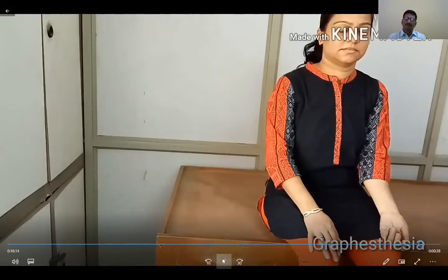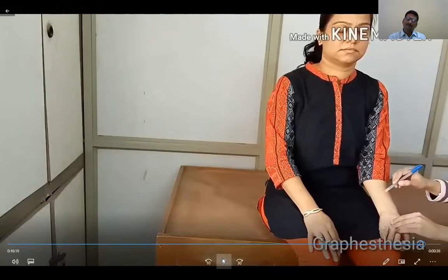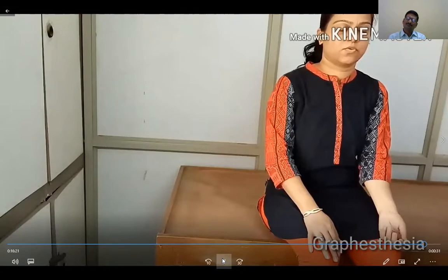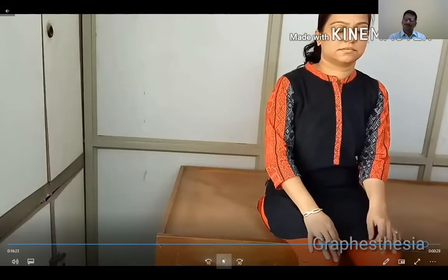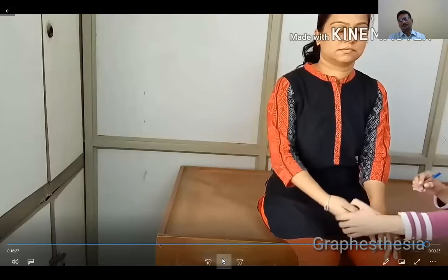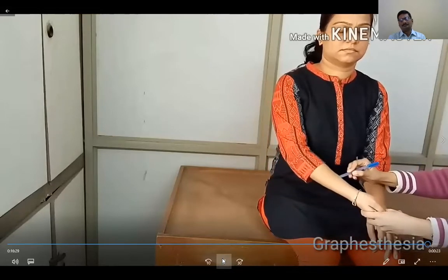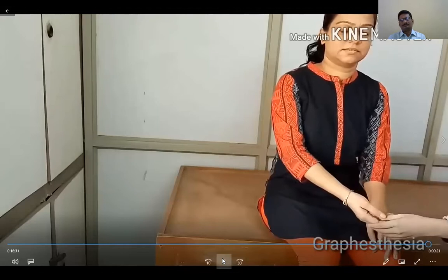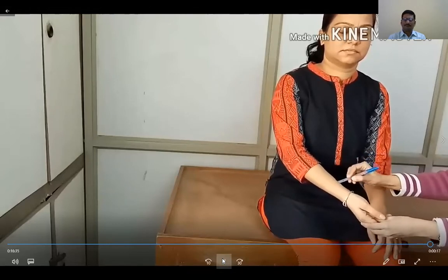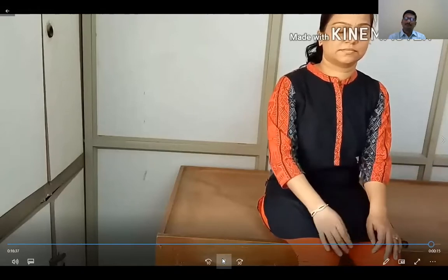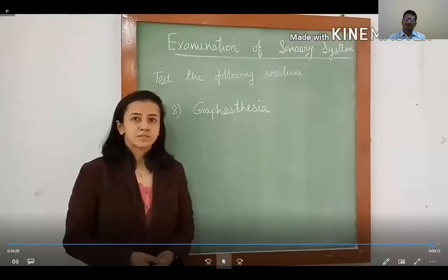They should be drawn one after another. Test on the opposite side. Eight. Square.